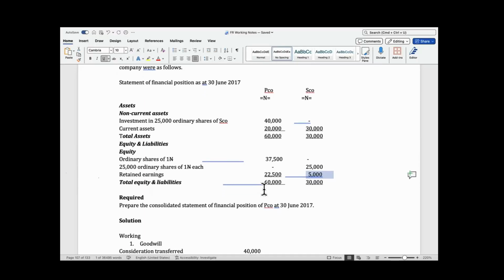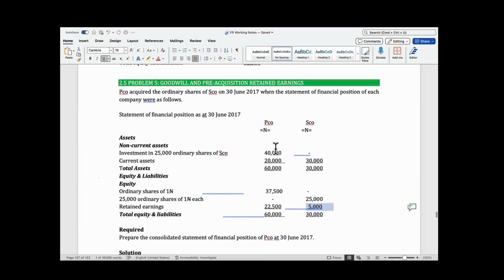And I can hear a lot of you talking about goodwill. You're perfectly right. I think Michael also mentioned it. Why that is coming up is because we acquired 100% in ESCO. We acquired all the shares in ESCO, all the 25,000 shares. We acquired everything.